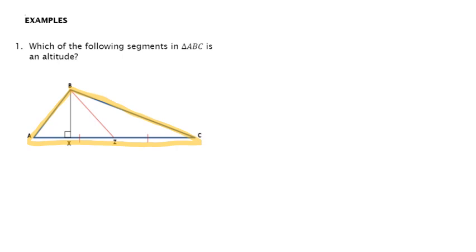You can see BX falls inside the triangle, BZ falls inside the triangle. When it's asking which of these is the altitude, you're going to look for the one that forms the right angle, and that's segment BX. So in this case, BX is the altitude for that triangle.